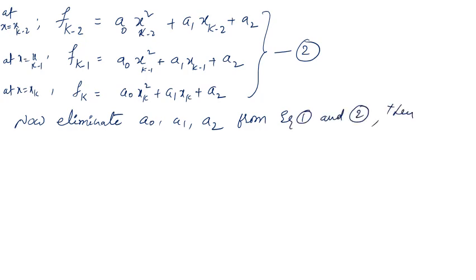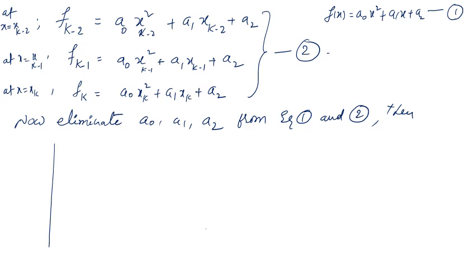See, the derivation of Muller's method is very big. I am shortening this. What is the first equation? f of x equal to a naught x square plus a1 x plus a2. This is our first equation. From the first and second equations, eliminating the arbitrary constants, what do we have?